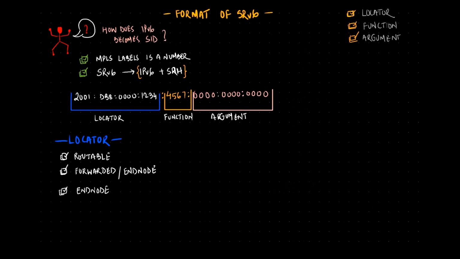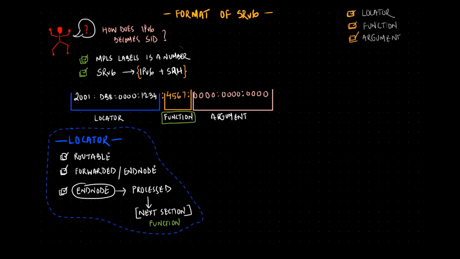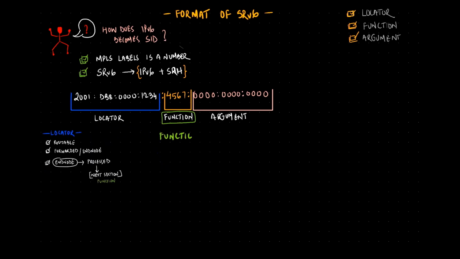Once the packet reaches the destination B, we need to process the next part of it, which is called the function. So when my packet reaches B, it will process the function. The function tells us what we need to perform when the packet is processed at the destination.